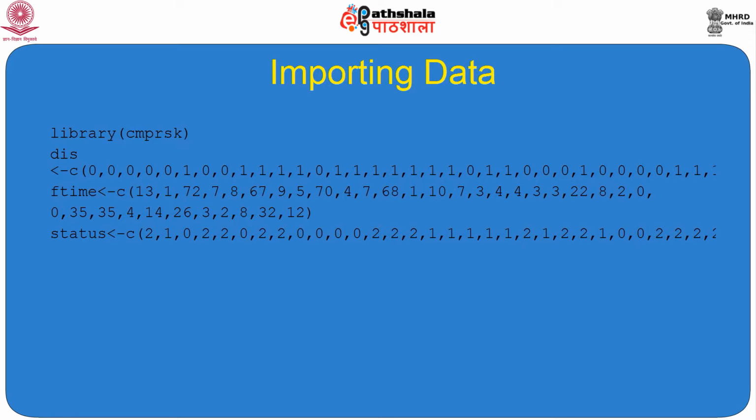The second variable is ftime, which is basically the follow-up time. Here we are considering the follow-up time in days, but the follow-up time units may be months or years also. The third variable is status. At the last follow-up, the patient status has been considered.